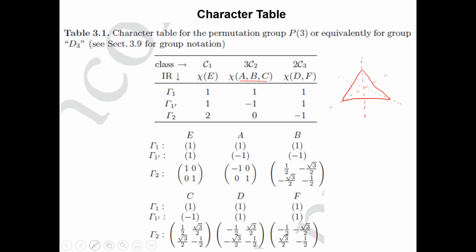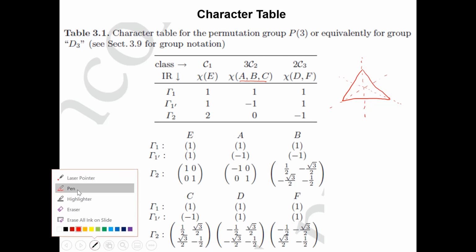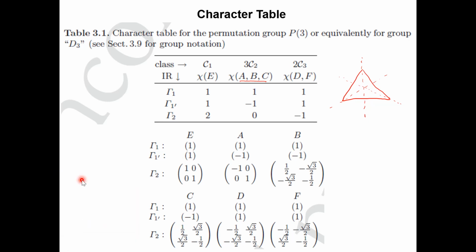And then you also have a class C3. Class C3 has two members, D and F, and they correspond to rotations of 2 pi over 3 and minus 2 pi over 3 about the perpendicular axis. Okay, so we have discussed this last time.